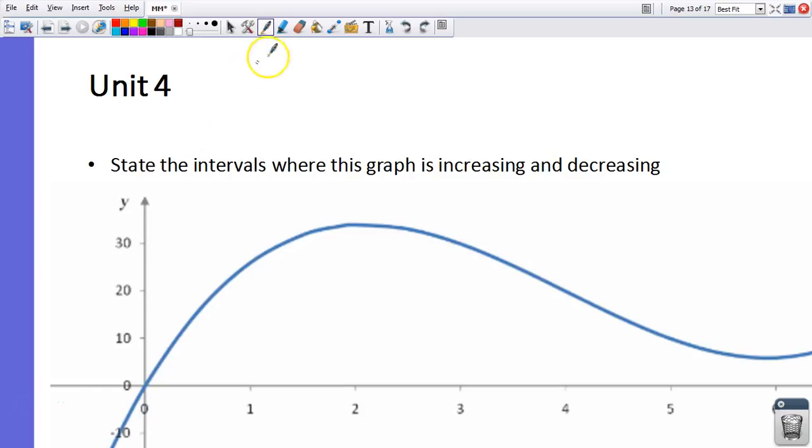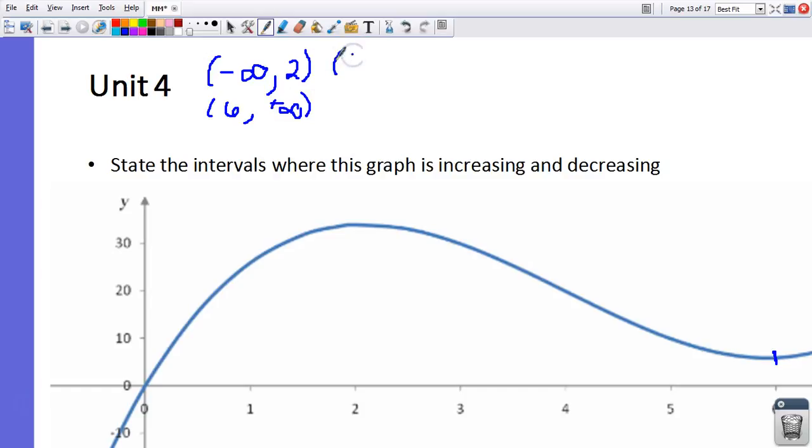In my head, I was thinking it is increasing from negative infinity to 2. And it's also increasing from 6 to positive infinity. Okay, so it's increasing from 6 to positive infinity. And then in between there, it's decreasing.